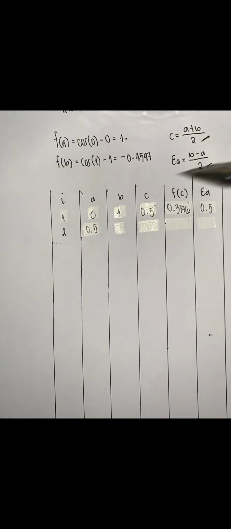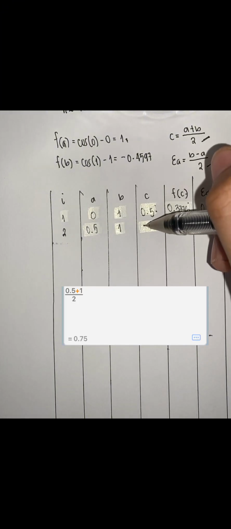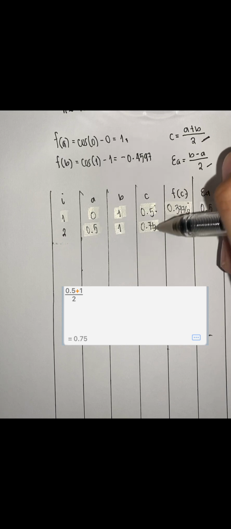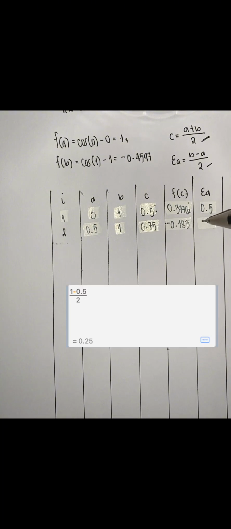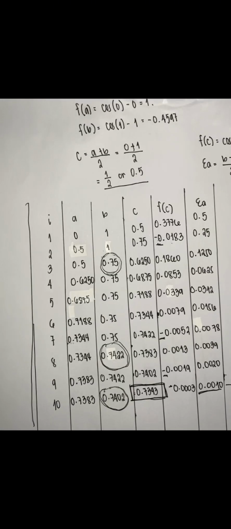Now for the second iteration, a is equal to 0.5 since f(c) times f(a) is positive, then we will change a to c. b is equal to 1, c is equal to 0.75, f(c) is equal to negative 0.183, and absolute error is equal to 0.25.